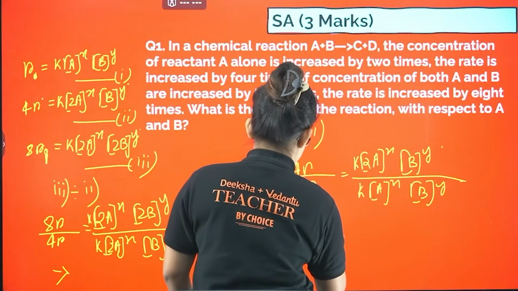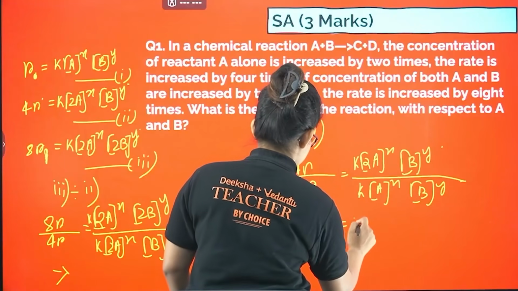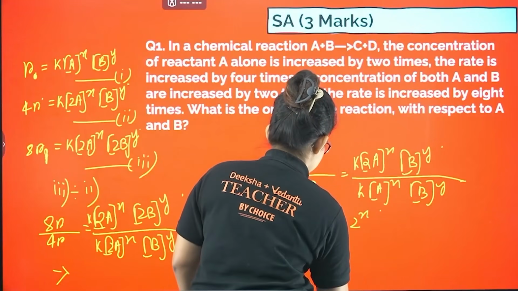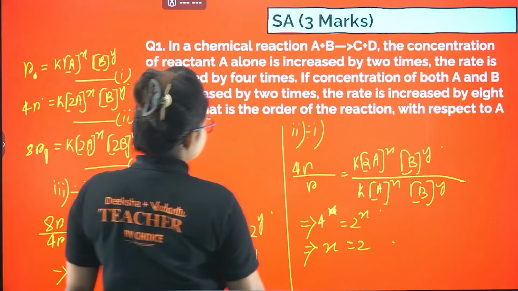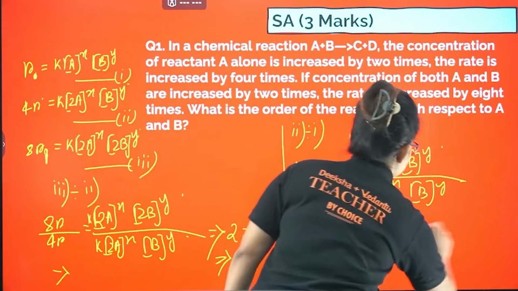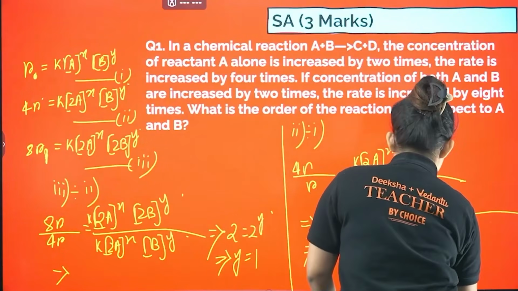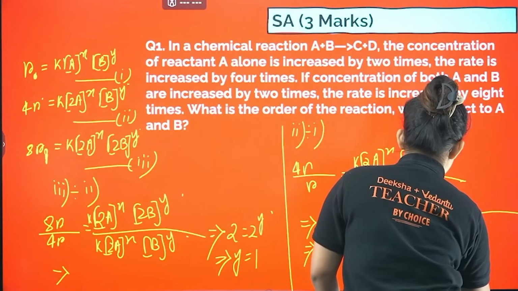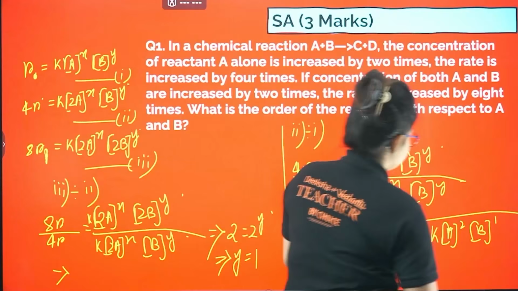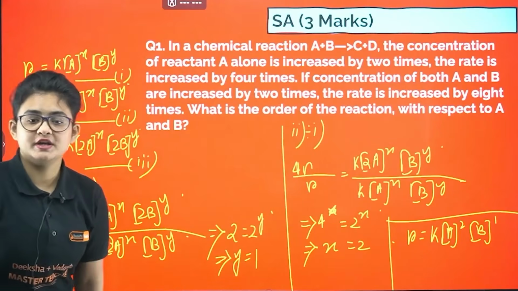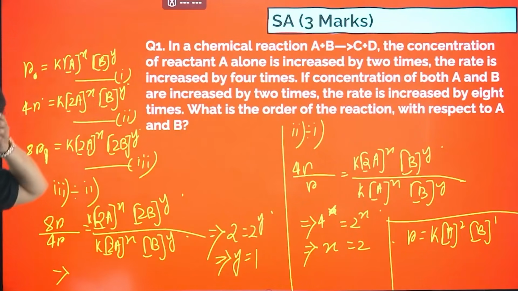From here I am getting 4 equals 2 power X, so X equals 2. So overall, R equals K into A power 2 B power 1. It is second order with respect to A and first order with respect to B. I guess this is clear to you.